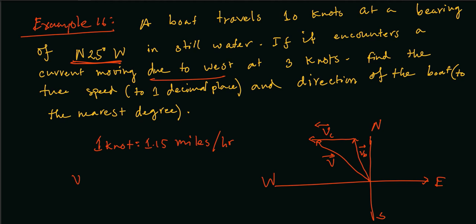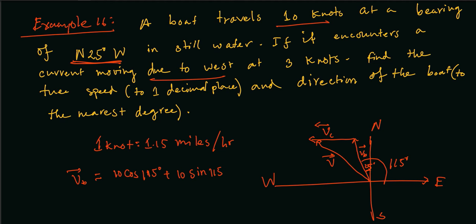Vector VB, since it's moving at 10 knots, so VB is 10 cosine. By the way, this angle is 25 degrees, so the total angle here is 115 degrees. So the vector VB equals 10 cosine 115 degrees plus 10 sine 115 degrees.